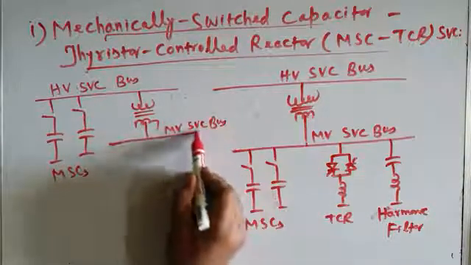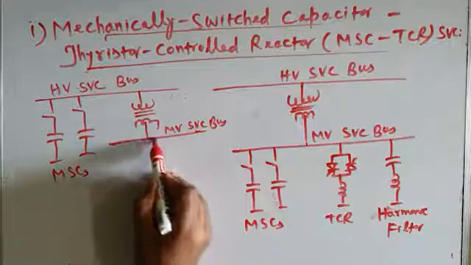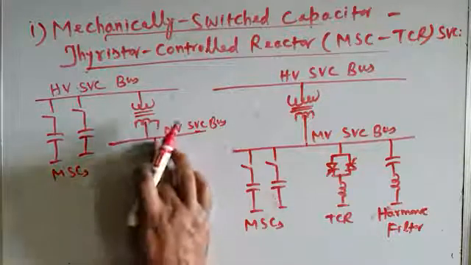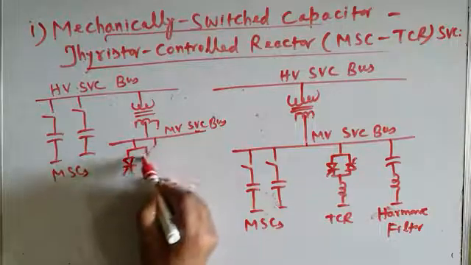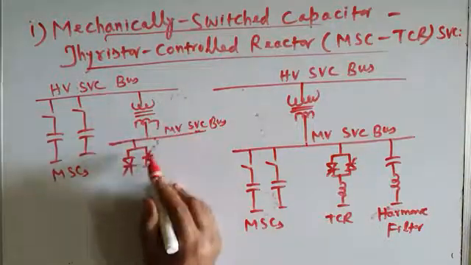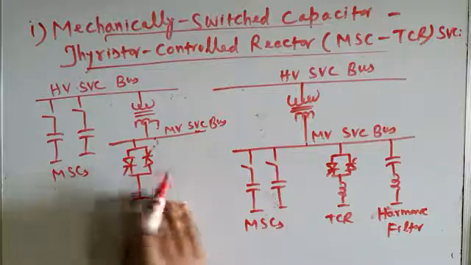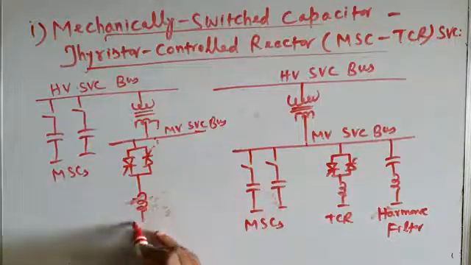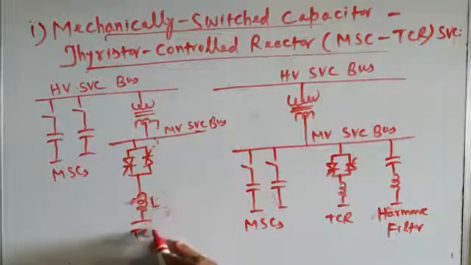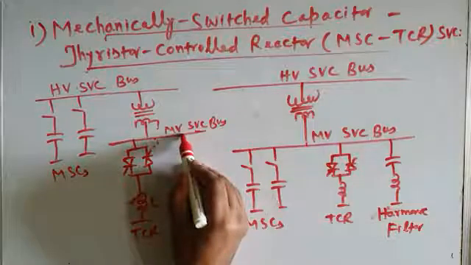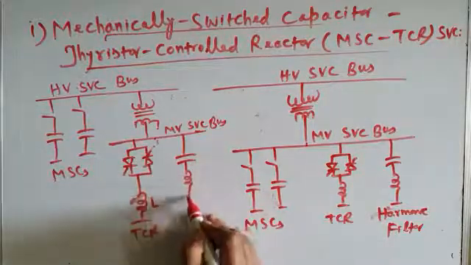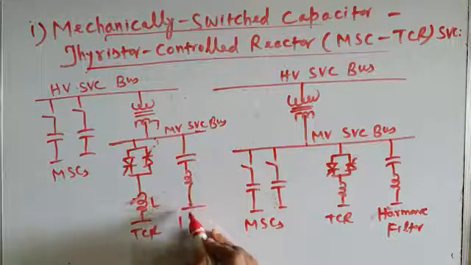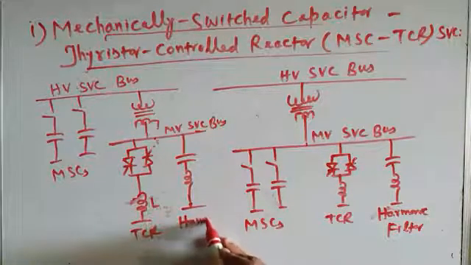And to this medium voltage SVC bus we connect the remaining parts: the thyristor controlled reactor, like this. This is the TCR, the inductor reactor also has to be connected. This is the TCR, and the harmonic filters. Okay, and this is the harmonic filter.